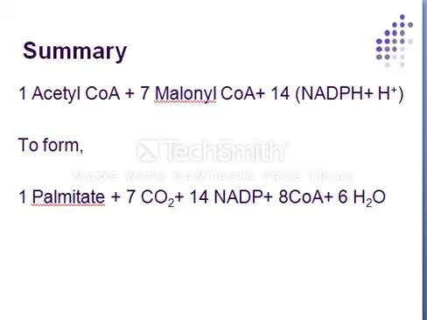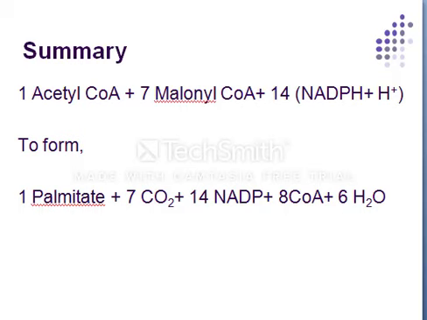The net reaction of fatty acid synthesis may be summarized as follows: utilized are 1 acetyl CoA plus 7 malonyl CoA plus 14 NADPH, which forms 1 palmitate, 7 carbon dioxide, 14 NADP, 8 coenzyme A, and 6 H2O released into the reaction.